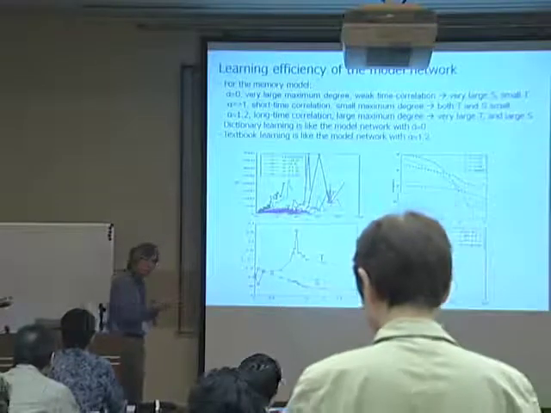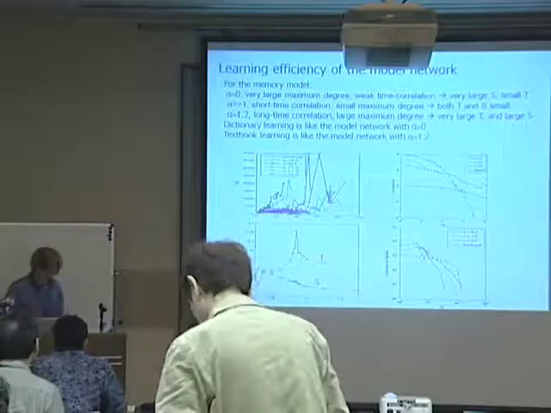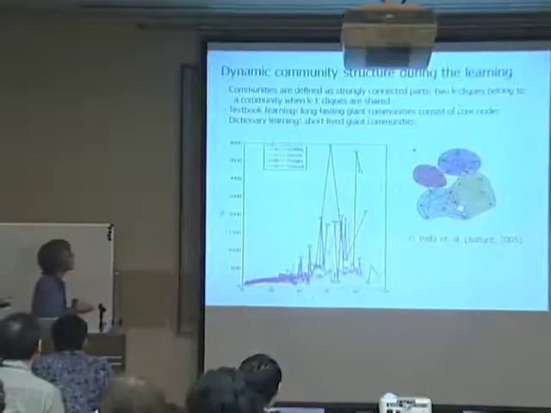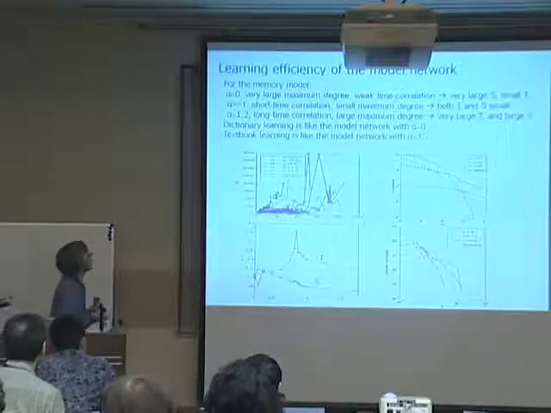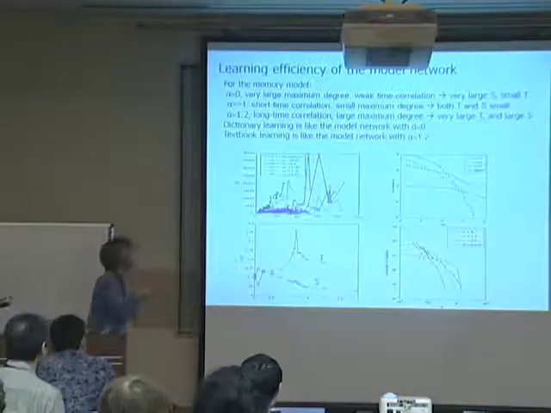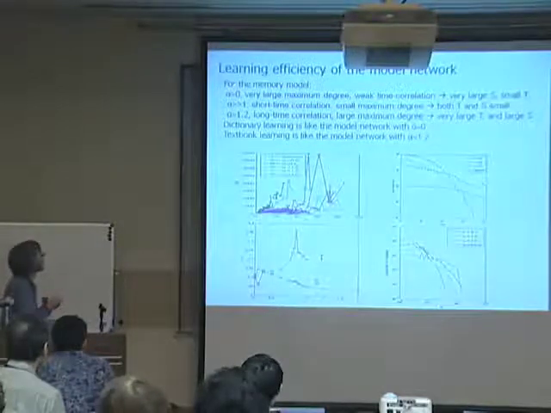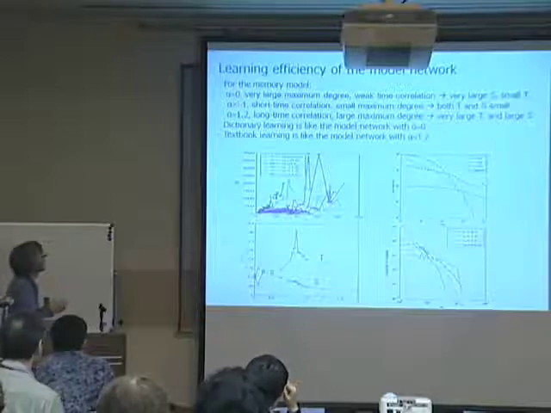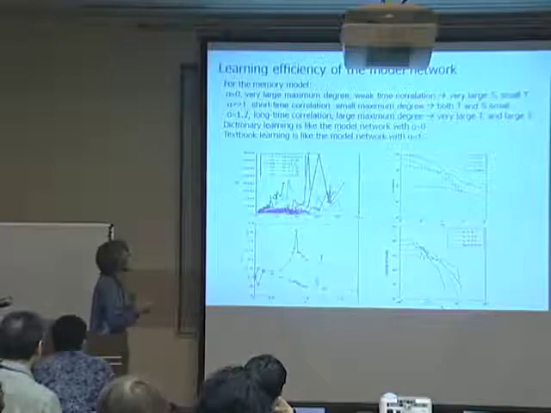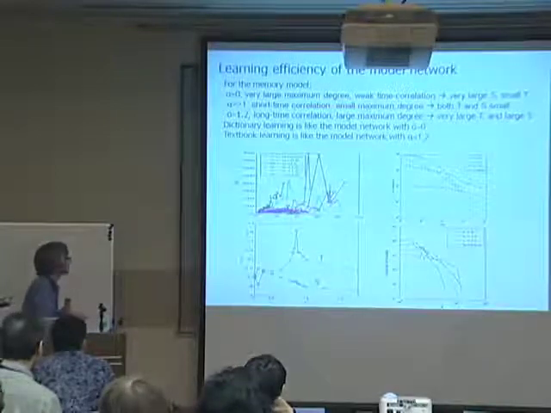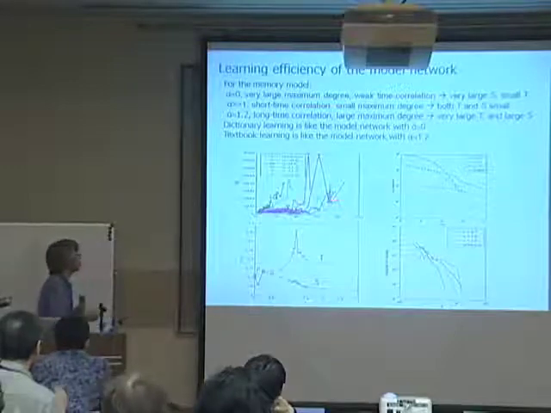To test what kind of properties contribute to this kind of good memory and good learning, we tested this model first. In the case of the memory model, with alpha 0 there is a very large maximum degree but a very weak time correlation, so the process size is quite big but the duration time is very short.